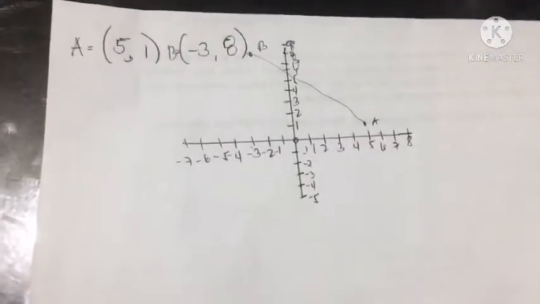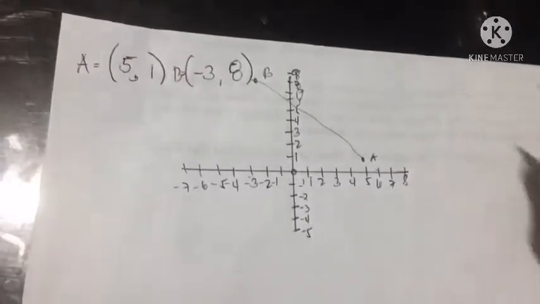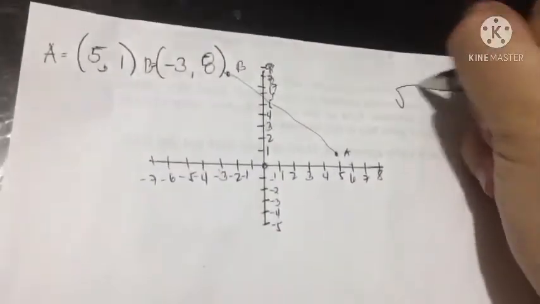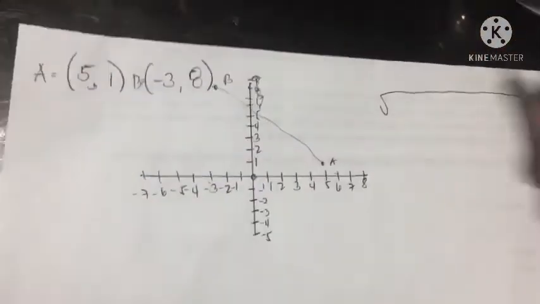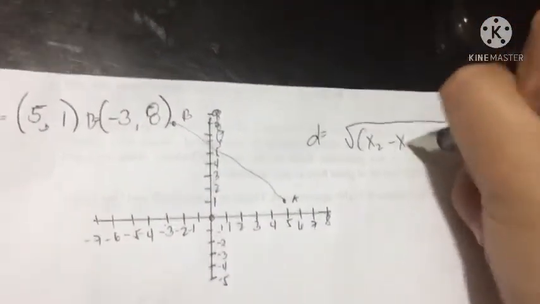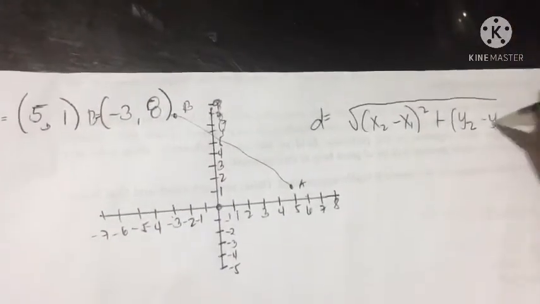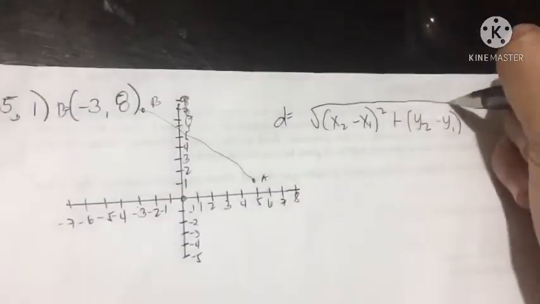So, to solve using the distance formula, we have square root of, distance is equal to x sub 2 minus x sub 1 squared plus y sub 2 minus y sub 1 squared. So, yun yung ating distance formula.